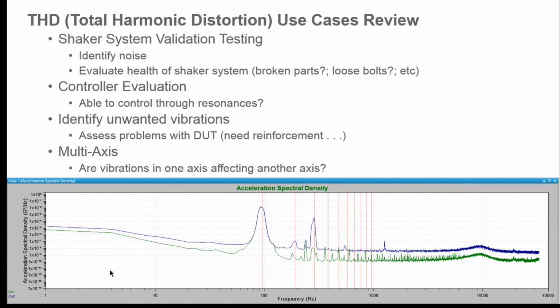But also if you were running multi-axis tests, and are there vibrations in one axis that affect the vibrations in another axis, that would be a good use of the total harmonic distortion.